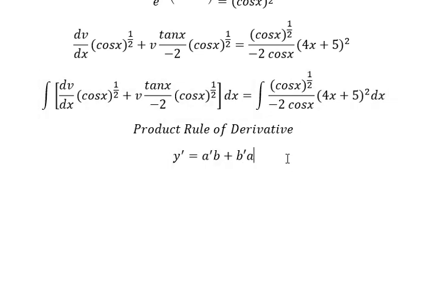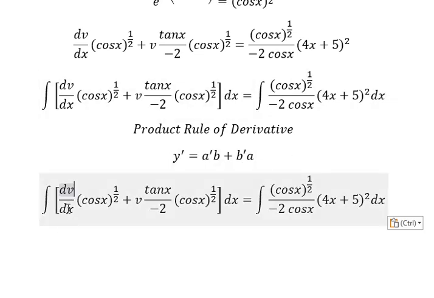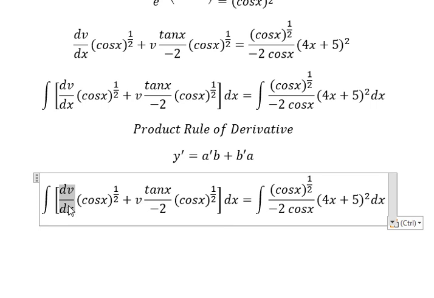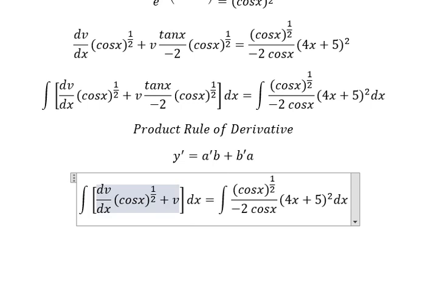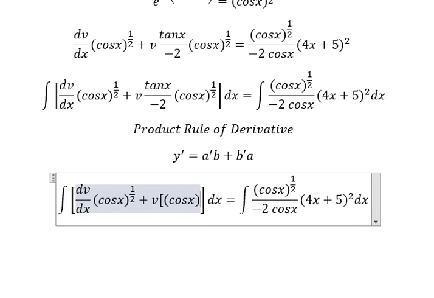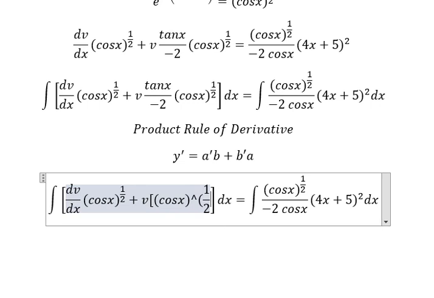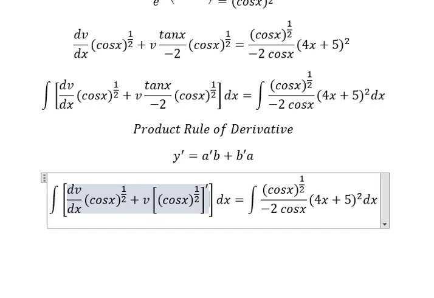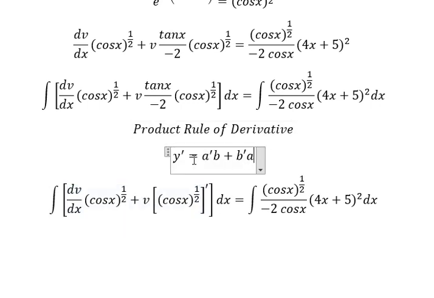If we look carefully at this one, this is the first derivative of a multiplied by b. This one in here is the first derivative of cosine s to the power of 1 over 2, multiplied by a. So if we do this integration, we have y equals ab.